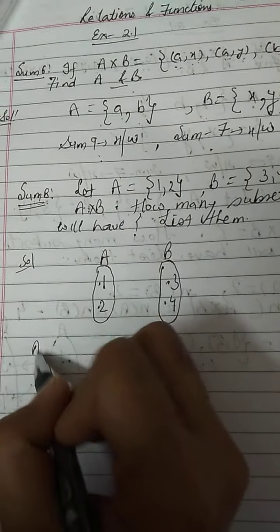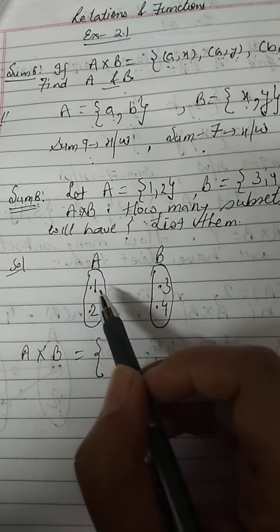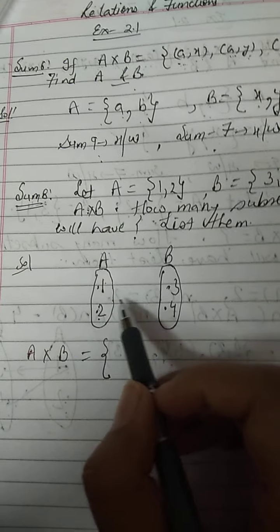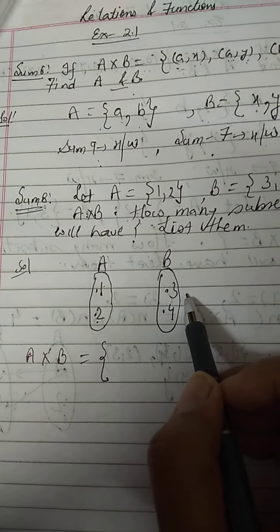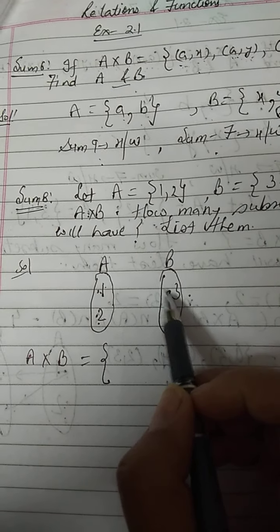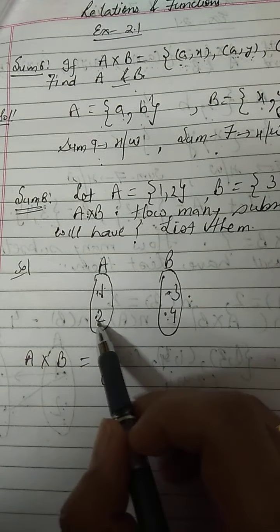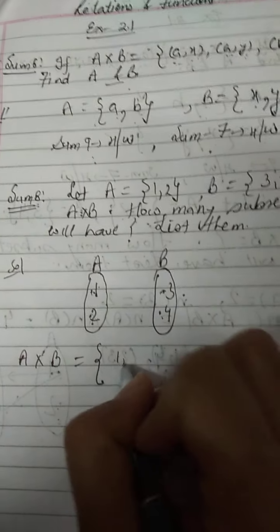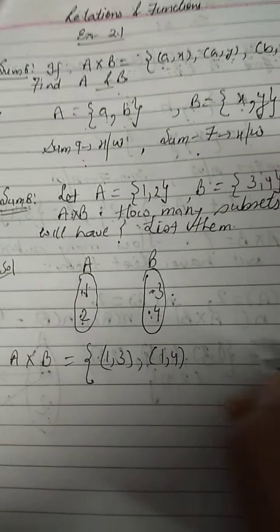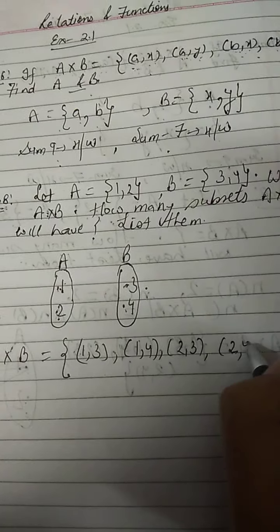So when we write down the Cartesian product A cross B, we write down all the possible combinations of the elements from set A with all the elements of set B. So possible combinations means 1 can go to 3 and 1 will go to 4. Then 2 will go to 3 and 2 will go to 4 also, right? So what will be the pairs? It will be (1,3), then (1,4), and next are (2,3) and (2,4).